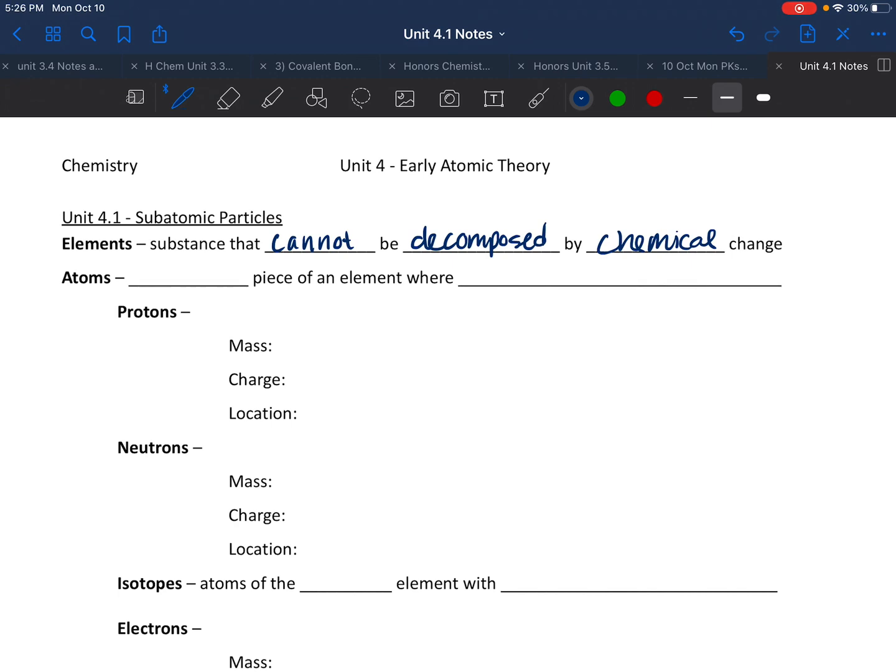But we can pull apart our elements and look at them at a tiny, tiny scale, thinking of elements being made up of atoms. So atoms are truly the smallest piece of an element where they still retain those properties of the element. So the properties remain the same.